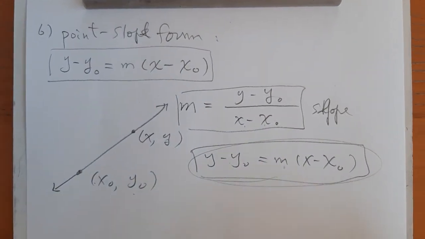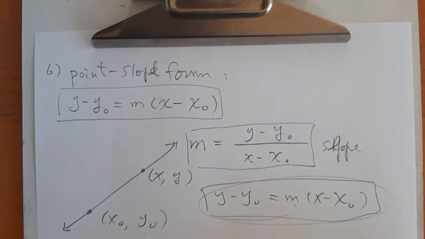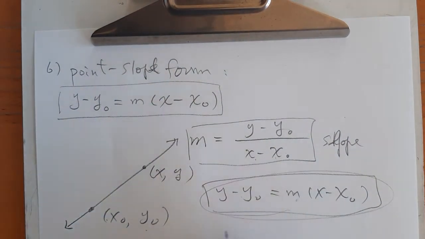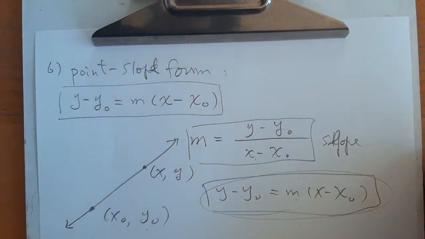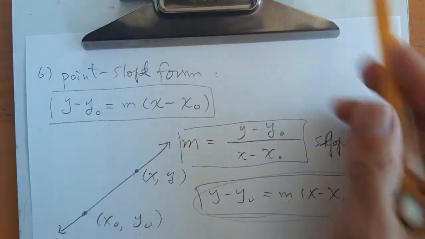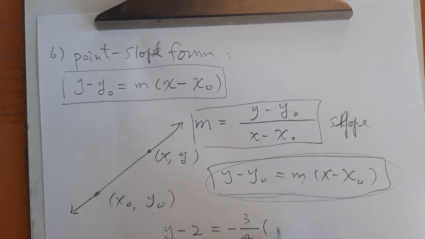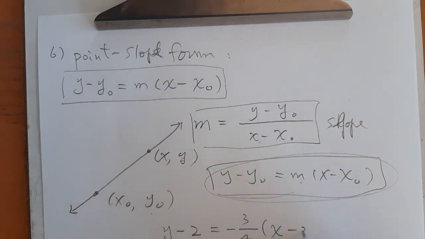Now, here the slope is negative 3/4, so m is negative 3/4, and the line goes through the point (3, 2). So it's y minus 2 equals negative 3/4 times (x minus 3).